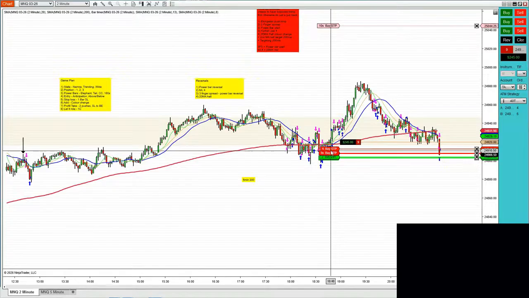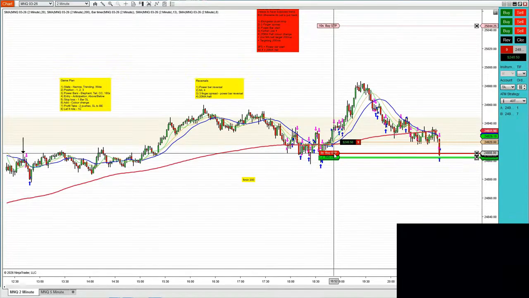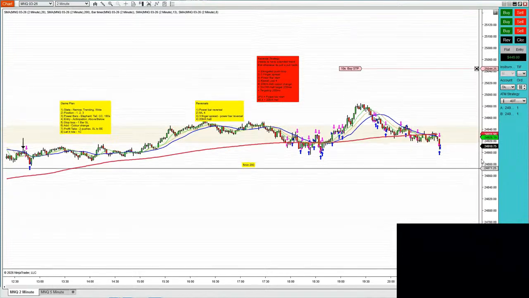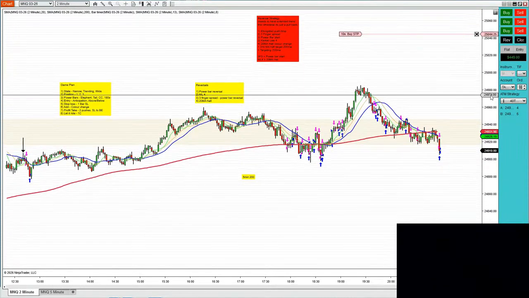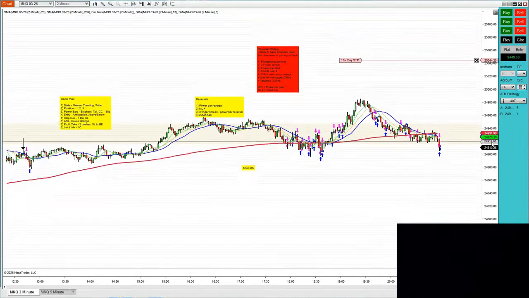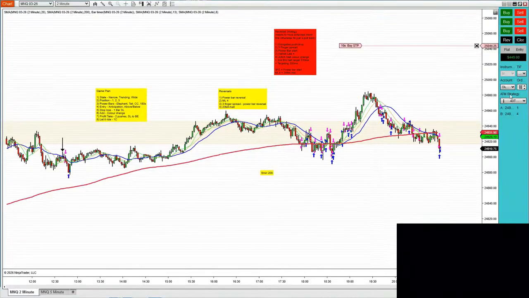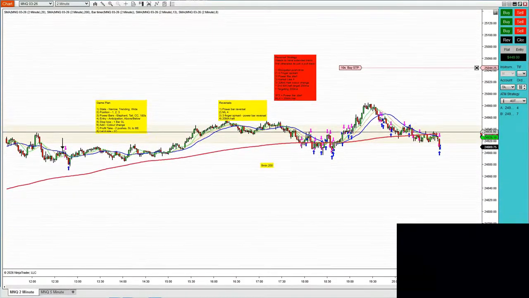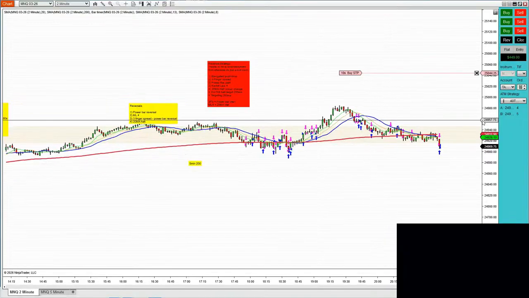Beautiful, beautiful. There we go. Interesting. I thought I was going to keep one. I must have moved all my stop losses. Oh no. But yeah, that's a great trade.